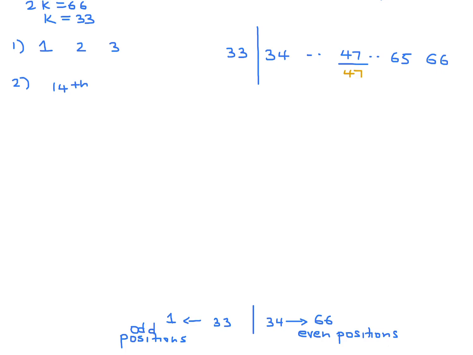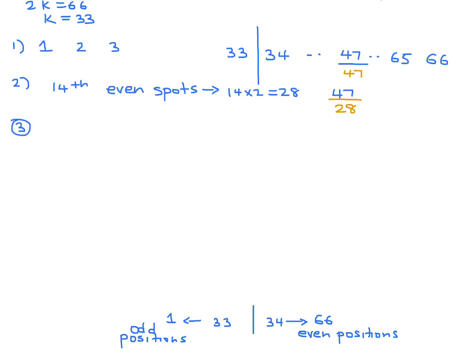So it would go into the 14th even spot. And what is the 14th even spot? Well, it's 14 times 2, which is 28. So that means the number 47 would now be in the 28th position. Okay, hope that makes sense.